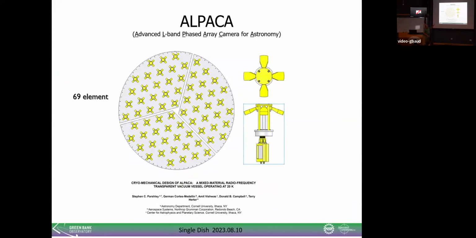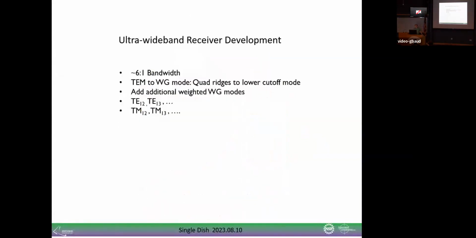Fortunately, the optics were close enough for the GBT that they shifted gears and are looking at building a 69 element phased array feed for the prime focus of the GBT. They're putting the receiver together and testing it at Cornell, and the back end is complete. They just need to get funding to make it a user instrument here at GBT, so they're trying to show the results and then apply for more funding.